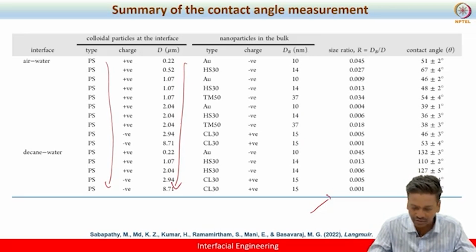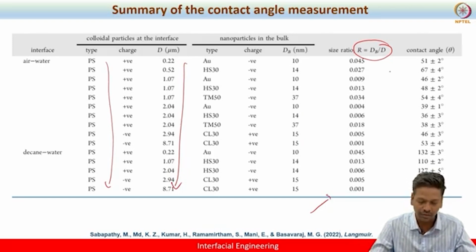So what we understand from this summary is that the smaller the nanoparticle size, the better the accuracy of the contact angle. Okay, which means that if you measure the ratio d_B by d, the nanoparticle diameter in the bulk over the diameter of the particle of our interest, right?